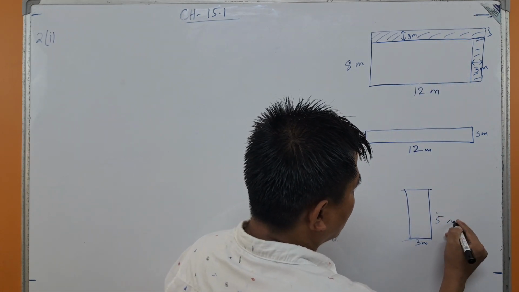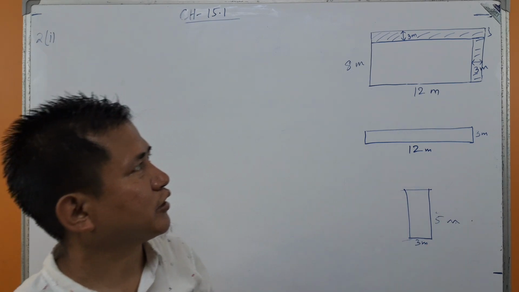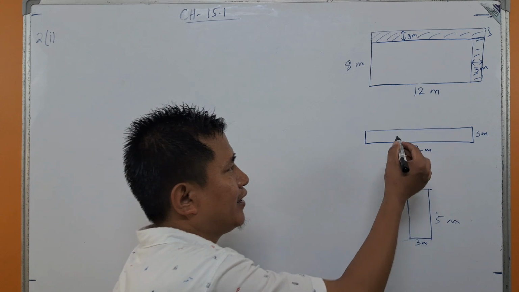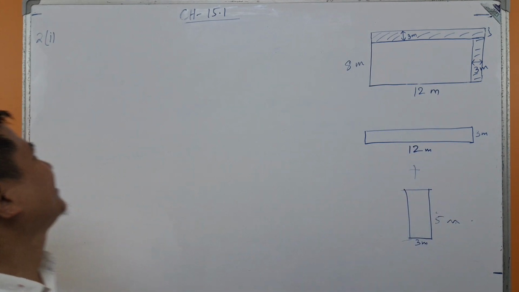Okay, now we can find the area of this rectangle also by multiplying length into breadth. So the area of the colored portion will be area of this rectangle plus area of this rectangle, isn't it?